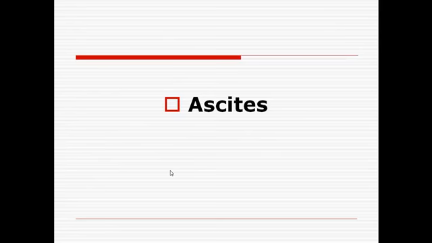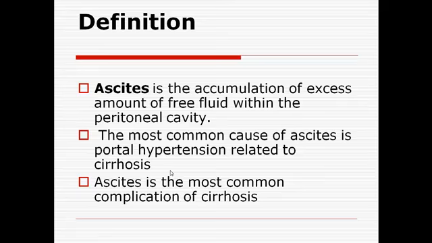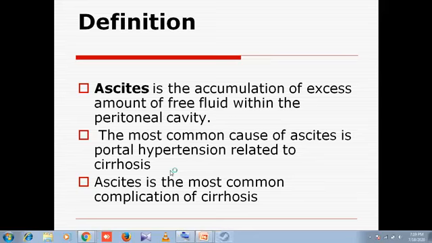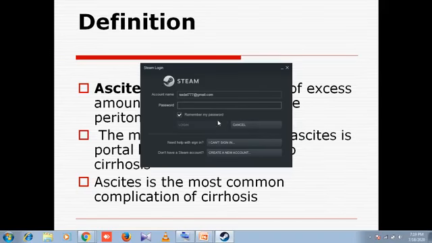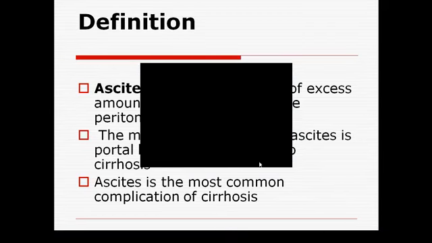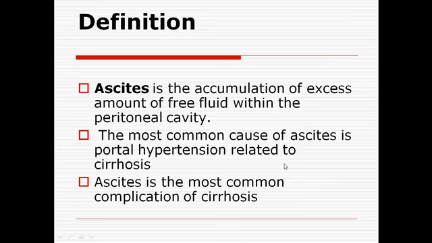Ascites is one of the very important topics regarding your chronic liver disease. Ascites is the accumulation of excess amount of free fluid within the peritoneal cavity. The examiner may ask you the question: what are the causes of ascites?